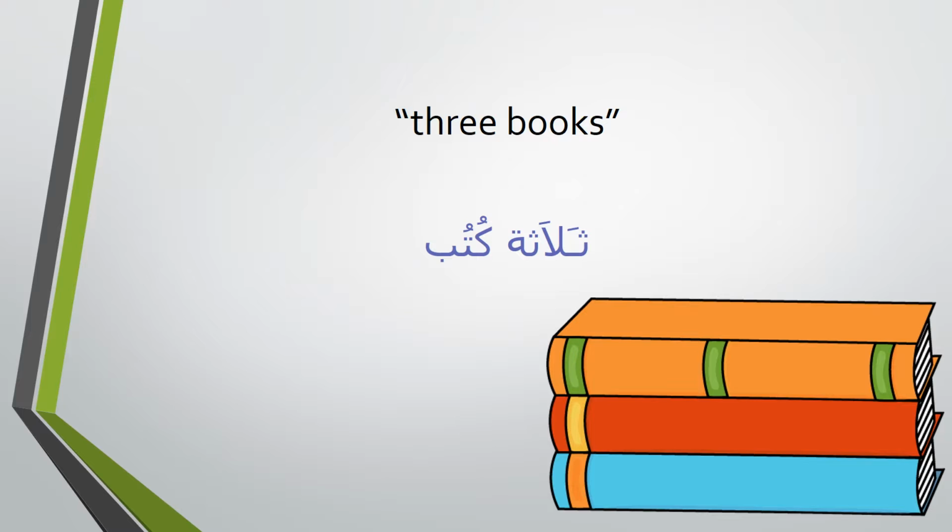Here, books, katub, is treated as a singular masculine noun. That's why you have the feminine form of 3, thalatha. Remember, we're now using reverse agreement, thalatha katub. However, note that your textbook tells you that the ta marbuta is often dropped, so you might hear thalath katub when someone is trying to talk about 3 books.